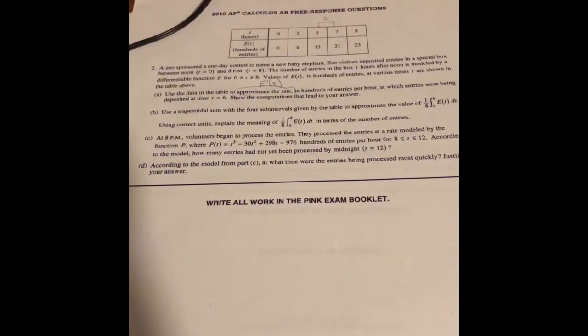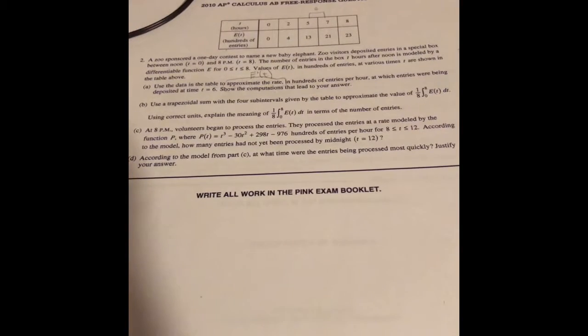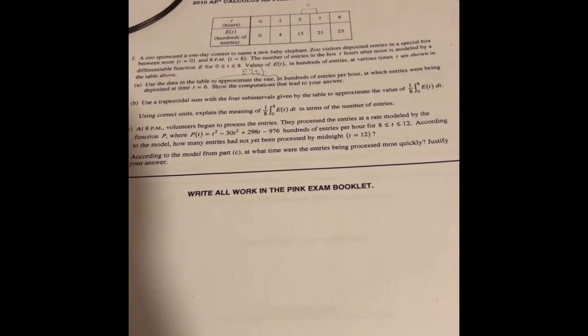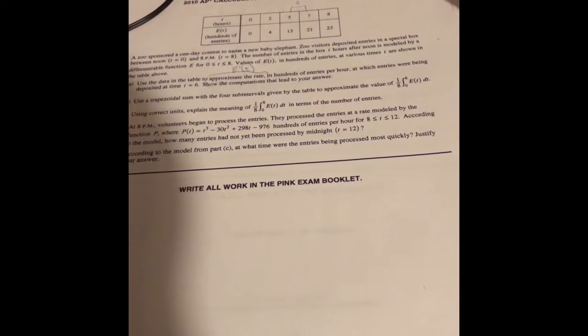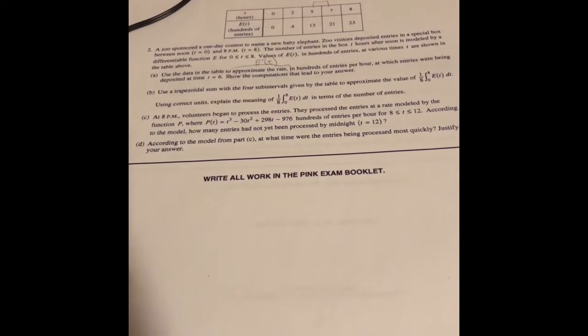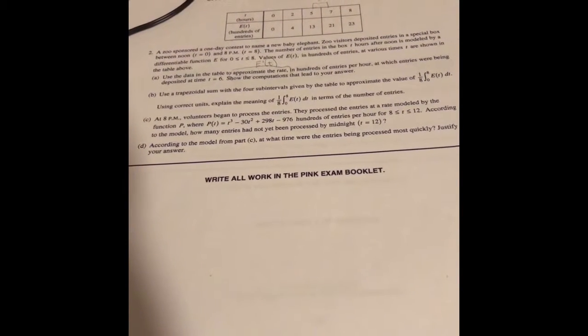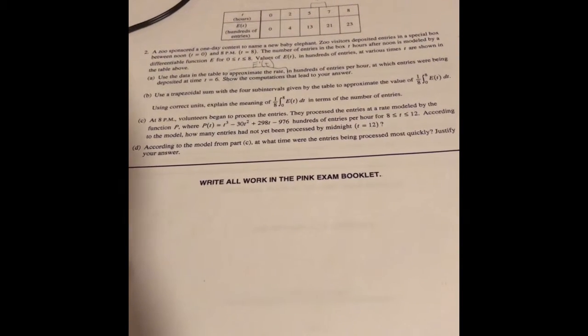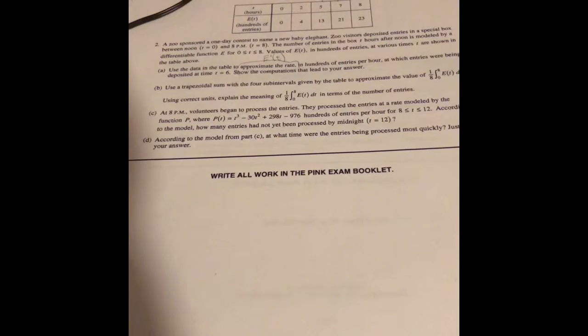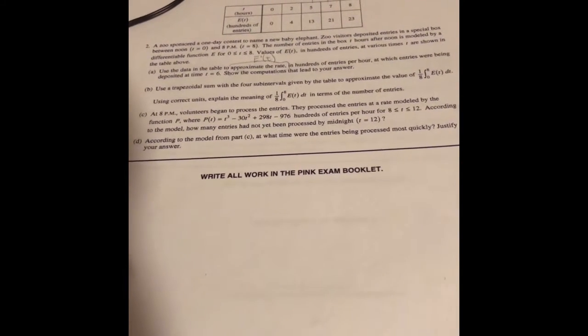Alright, so for part B, use a trapezoidal sum with 4 subintervals given by the table to approximate the value of 1 over 8 times the integral from 0 to 8 of E of t dt. Using correct units, explain the meaning of 1 over 8 times the integral from 0 to 8 of E of t dt in terms of the number of entries.